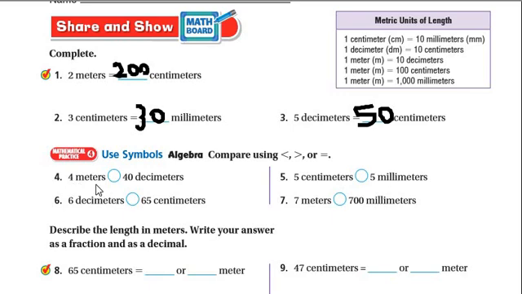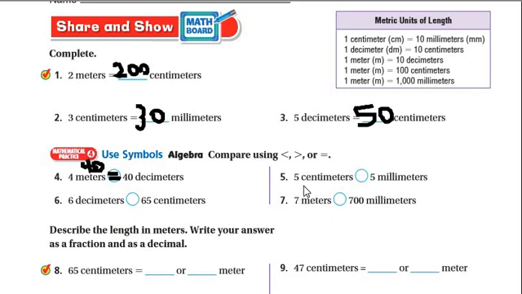So meter is greater than decimeter. Let's go back here to see 1 meter equals 10 decimeters. What about 4 meters? 4 times 10 will be 40. So 4 meters equals 40 decimeters. It means they are, yes, equal to each other.